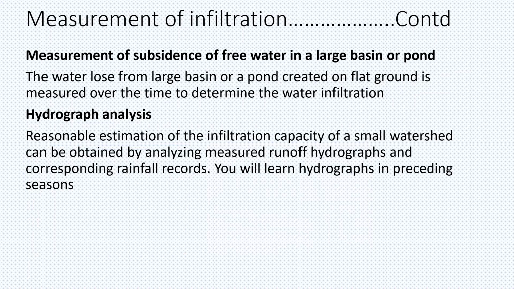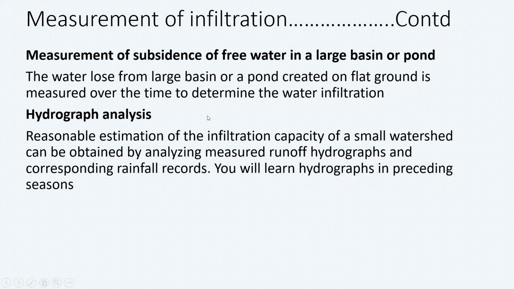Well, the measurement of infiltration continues. The other method is measurement of subsidence of free water in a large basin or a pond. So you can imagine a uniform large pond or a basin. The water loss from the large basin or a pond created on flat ground is measured over the time to determine the water infiltration.